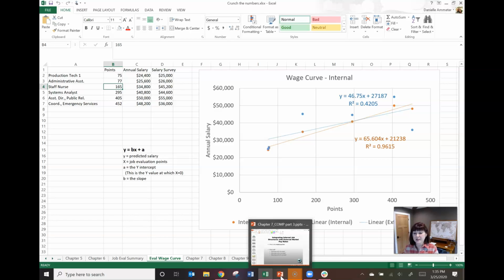Should it match with the job description? Should we do some job leveling on that to really make sure we understand it? And if we believe that our coordinator of emergency services really does all these extra things, these compensable factors, then absolutely we need to pay that role more.